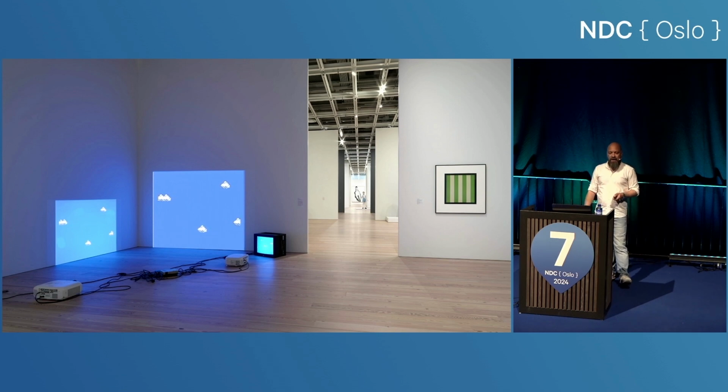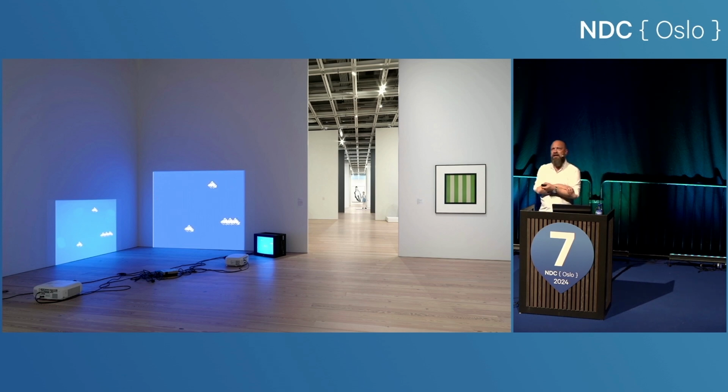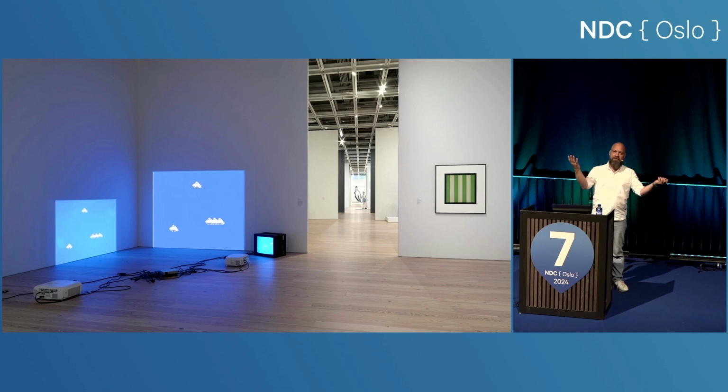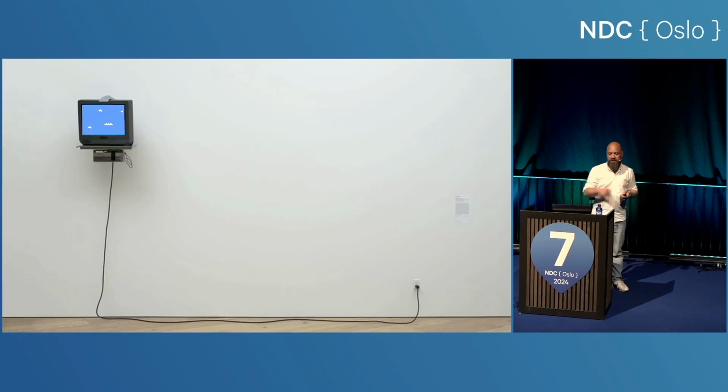This is a work by the artist Cory Arcangel, and it's entitled Super Mario Clouds. Cory Arcangel is one of the pioneers in modern, more conceptual directions of digital art. And Cory Arcangel created this work that is usually exhibited by projections on the walls as well as CRT screens, as you see here, with the work being displayed on.